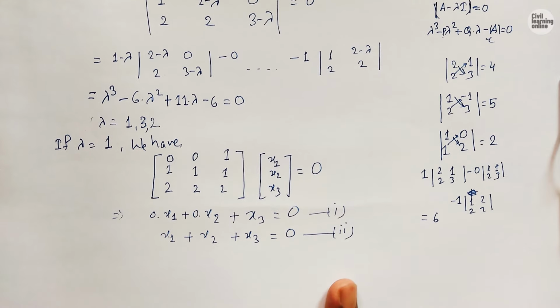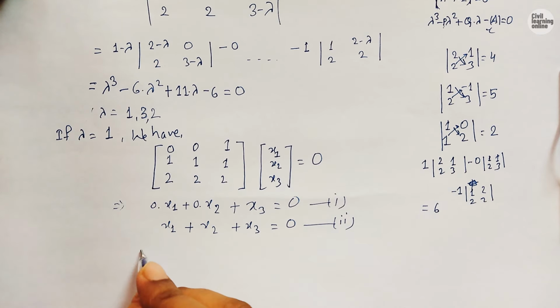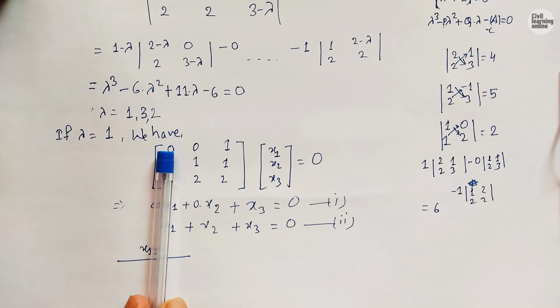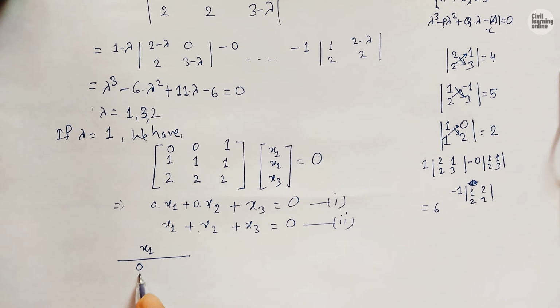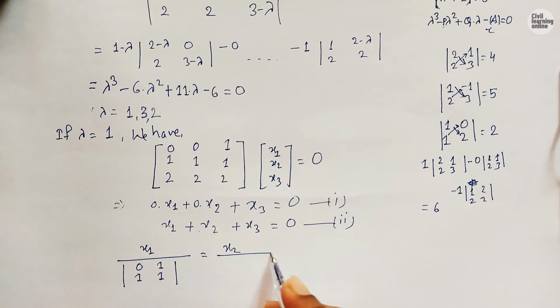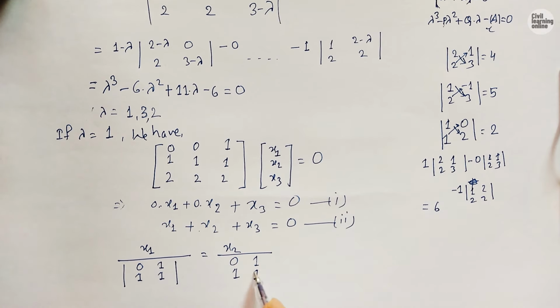Now we will use the concept of Cramer's rule to find the values of x1, x2, x3. So here we have x1 upon, cover the coefficients in which x1 lies, and we will have 0 1 1 1. Find the determinant. Again x2 upon, cover x2, we will have 0 1 1 1.